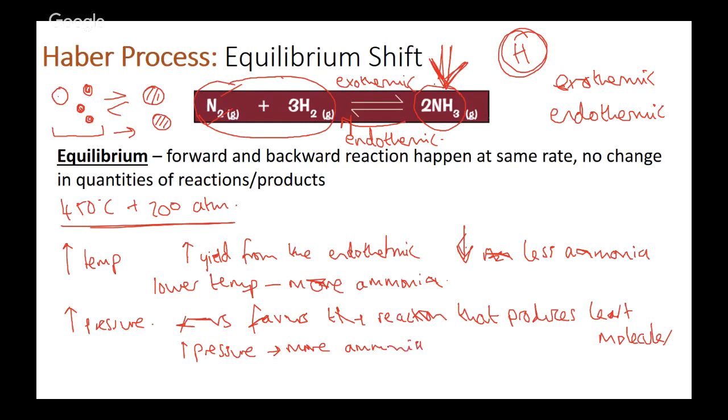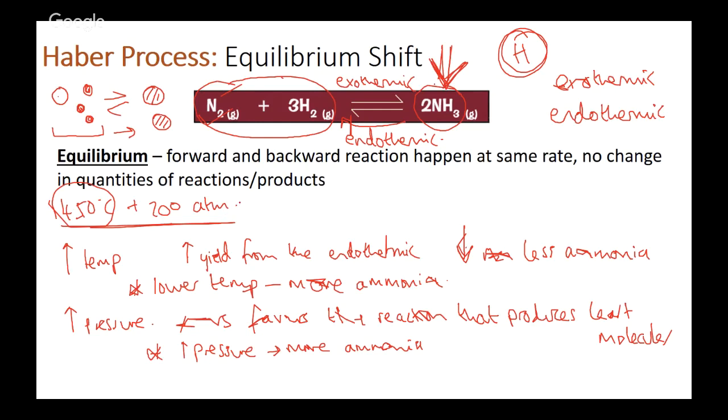However, let's go back to the conditions that we said we had: 450 degrees and 200 atmospheres of pressure. But we've just said that a lower temperature would produce more ammonia and a higher pressure would produce more ammonia. So why are we restricted to these temperatures? Well, it's a compromise that you'll need to know about. Yes, if you decrease this temperature, indeed you would produce more ammonia.